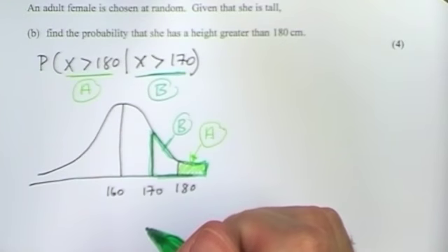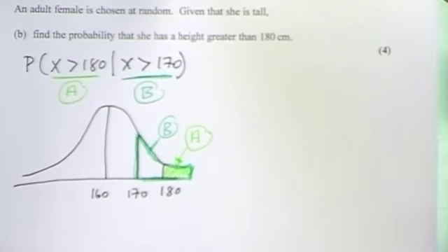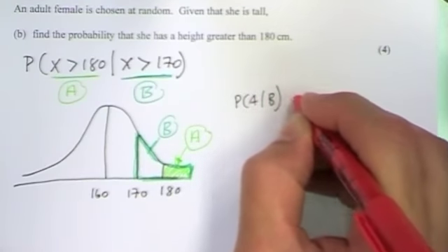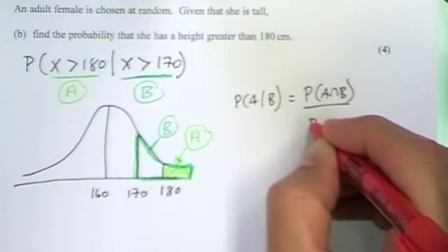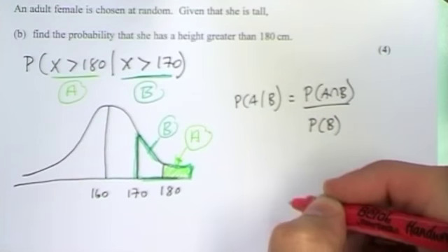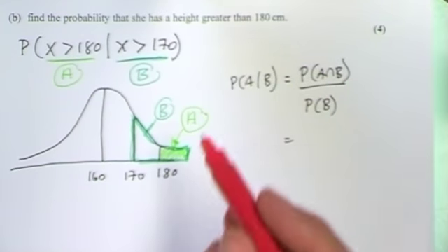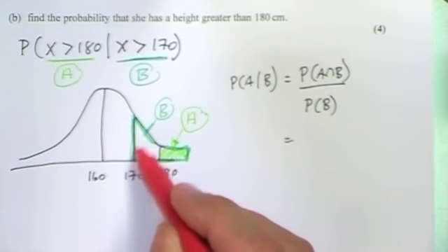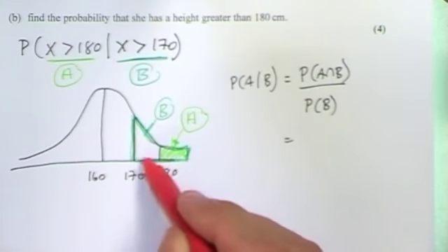is B. If we looked at it like that, we could use conditional probability, and we could say that the probability of A given B is the probability of A intersection B over the probability of B, which equals, what's the probability of A intersection B? Well, if you look at the diagram, A is inside, a subset of B, isn't it?